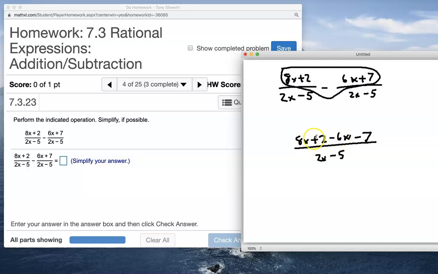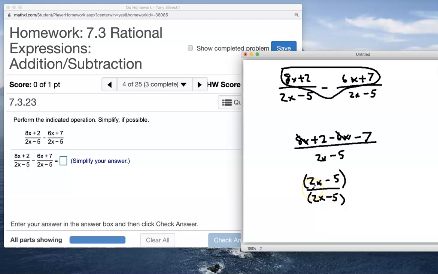Top thing is you've got to combine your like terms. We got 2x for this term and that term, 8 minus 6. 2 minus 7 is minus 5, over 2x minus 5. Well, guess what? That's a bundle, and that's a bundle. And don't you see something exciting?